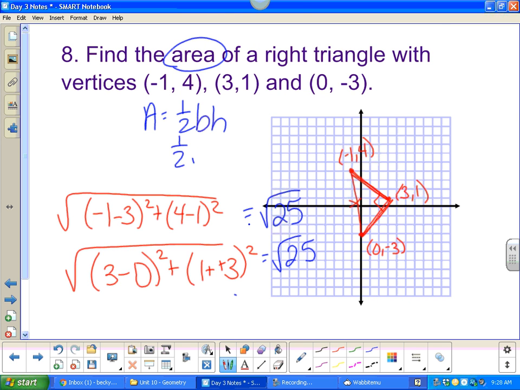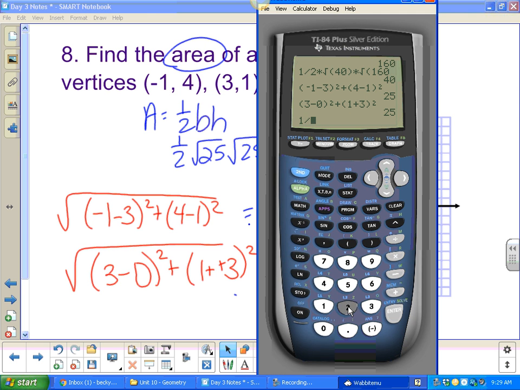So this is 1/2 times the square root of 25 times the square root of 25. Which is 12.5.